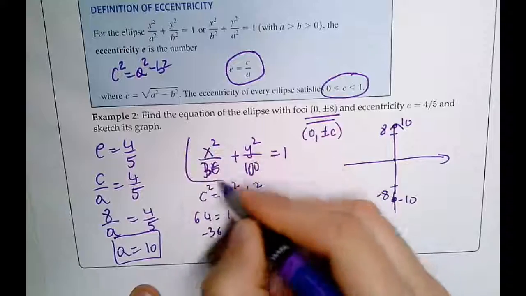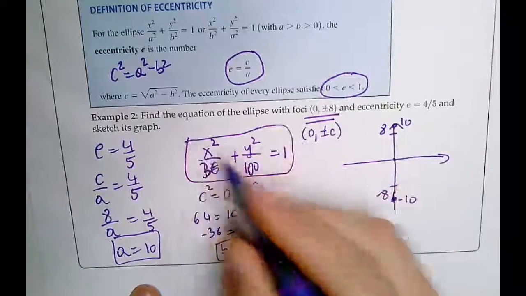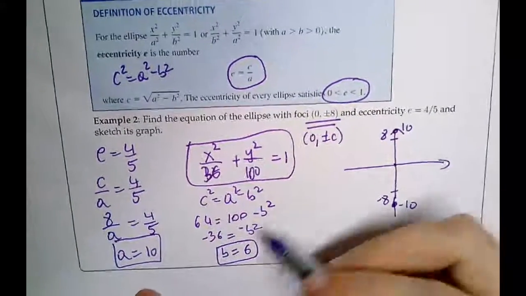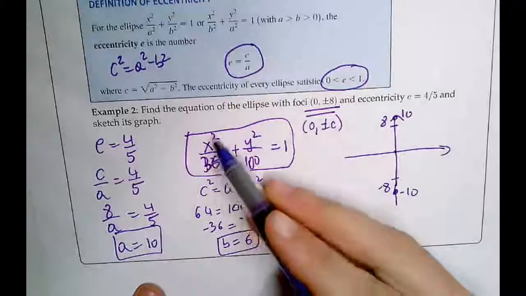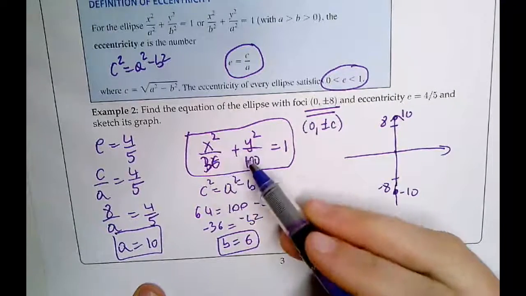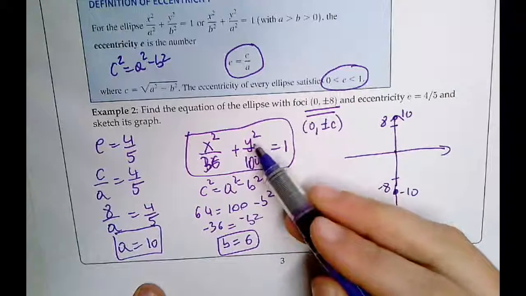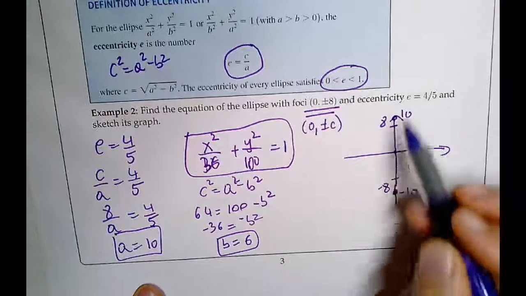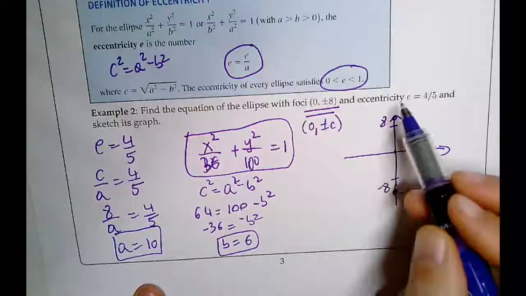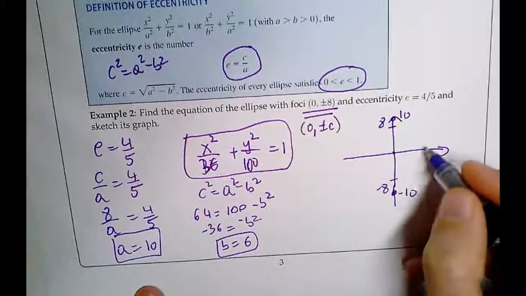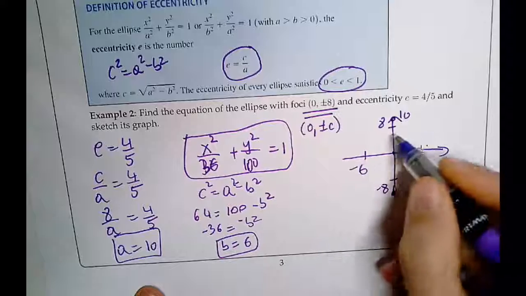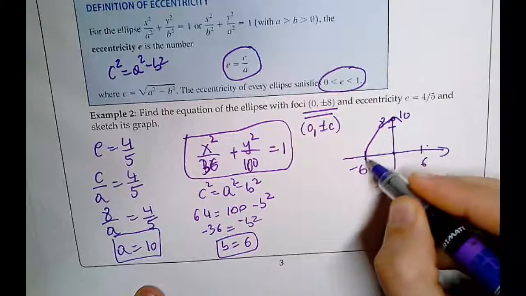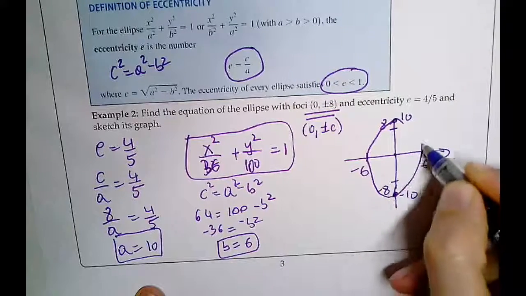And that's going to be the equation. So notice that B is the smaller denominator, and that goes with X. So the bigger denominator goes with Y because the foci are on the y-axis. So then I'm going to put 6 here and negative 6 there, and I'm going to draw my ellipse.